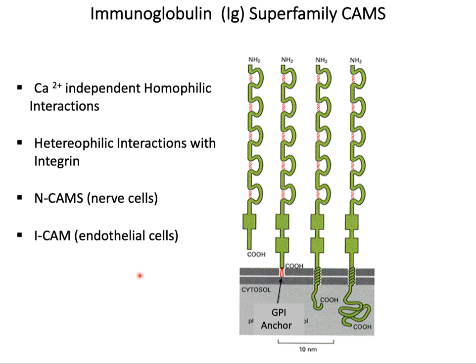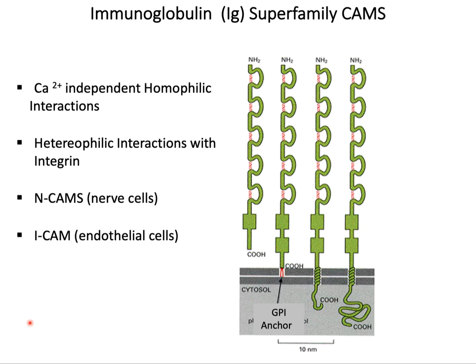And they are called immunoglobulin superfamily cell adhesion molecules, not because they are immunoglobulins, not because they are antibodies, but they have a series of extracellular domains that are very homologous to the domains that you see in the antibodies. But they aren't antibodies, and they can form calcium-independent homophilic interactions.